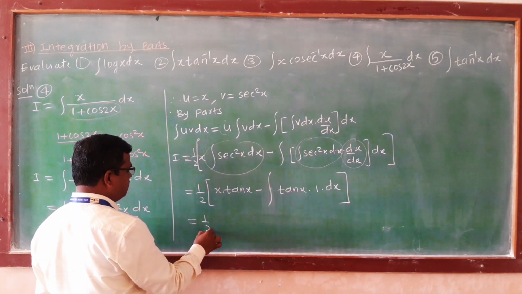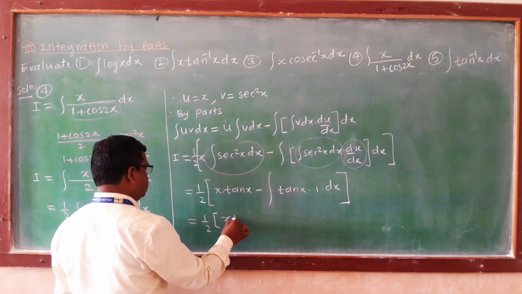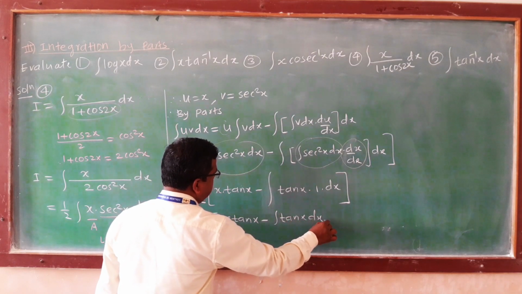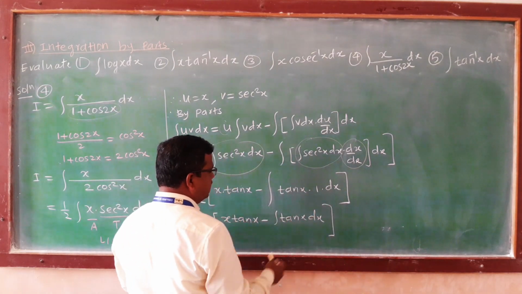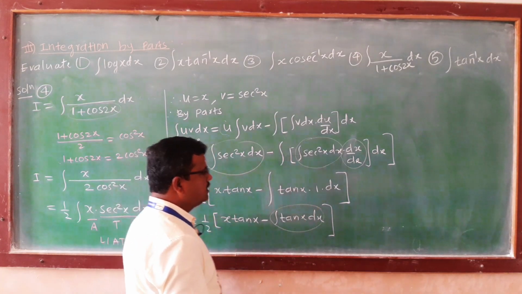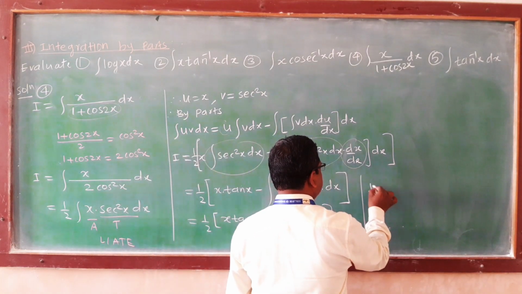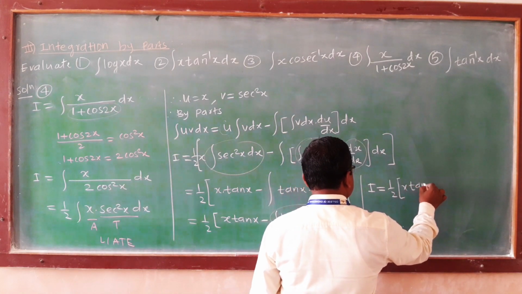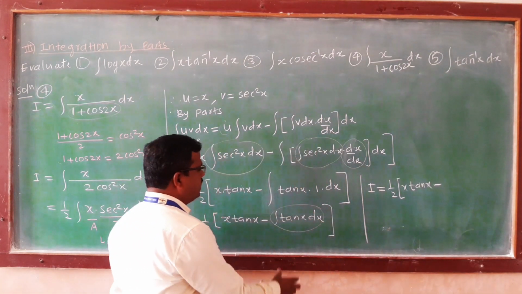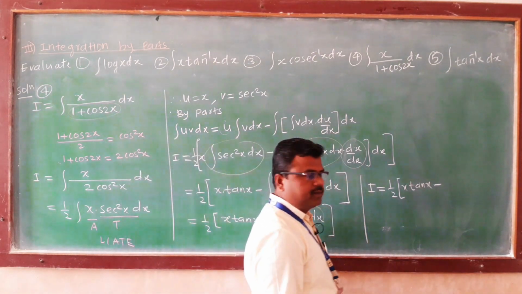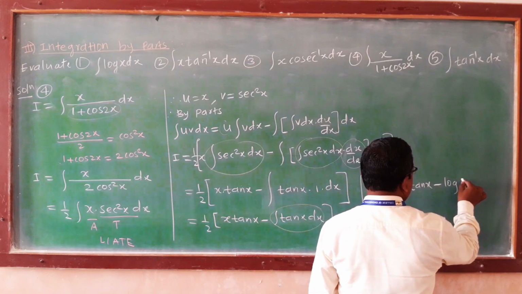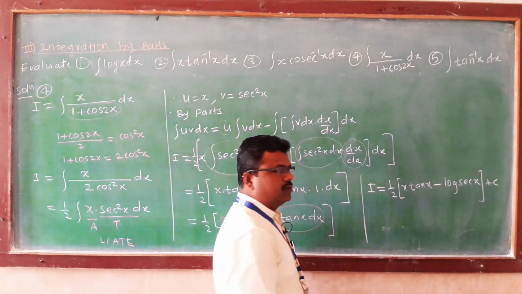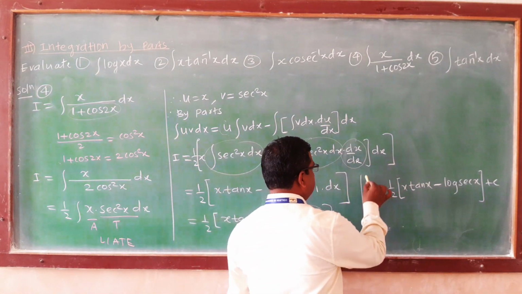Therefore which is equal to half x tan x minus integration of tan x dx, and this integration of tan x dx is also standard. Therefore we get I is equal to 1 half x tan x minus integration of tan x, which is log of sec x. Integration of tan x is log of sec x. So this is the required integration.